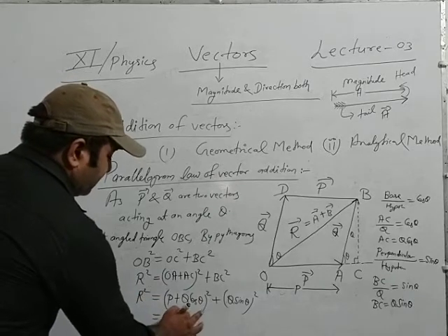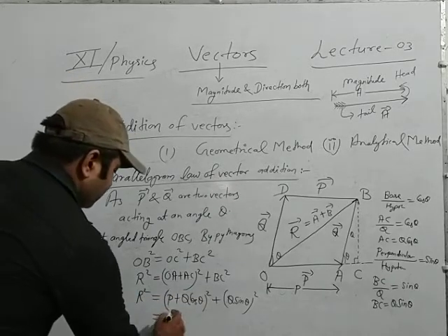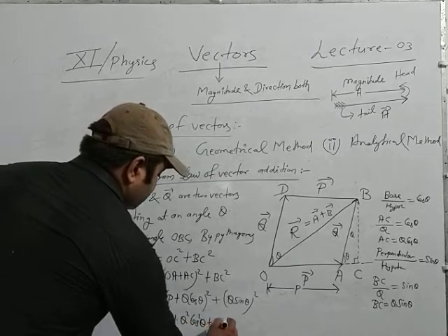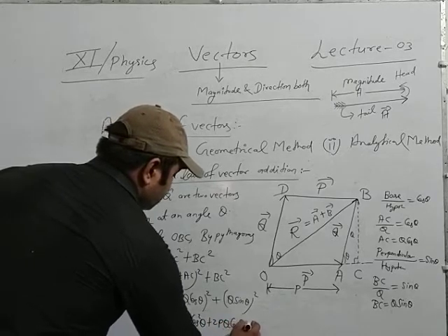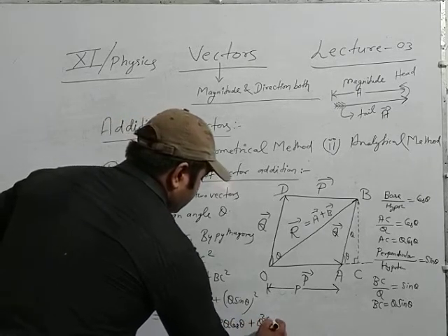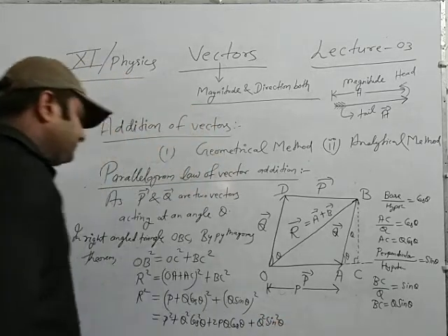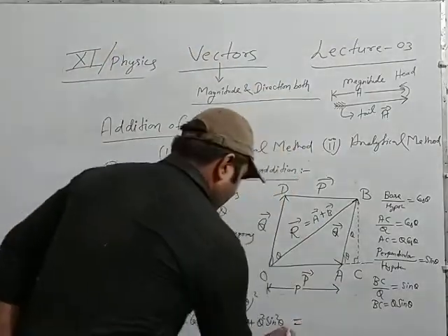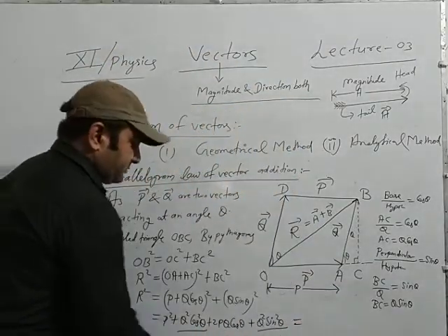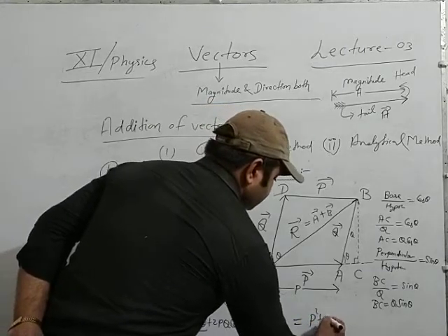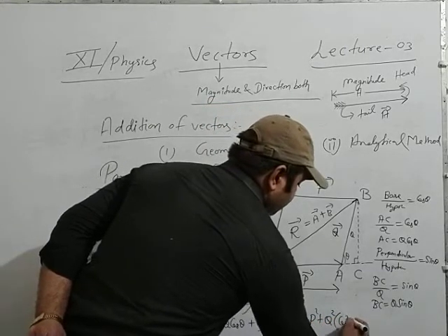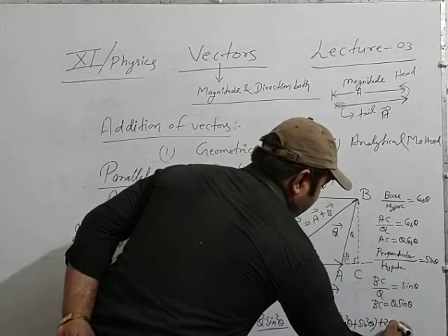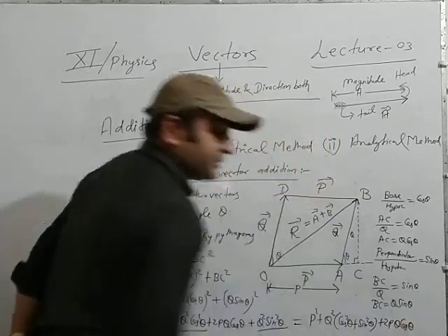So after expanding (a plus b) square, that is P square plus Q square cos square theta plus 2PQ cos theta plus Q square sin square theta. Then rearranging these terms, Q square common in bracket cos square theta plus sin square theta, plus 2PQ cos theta. Clear?